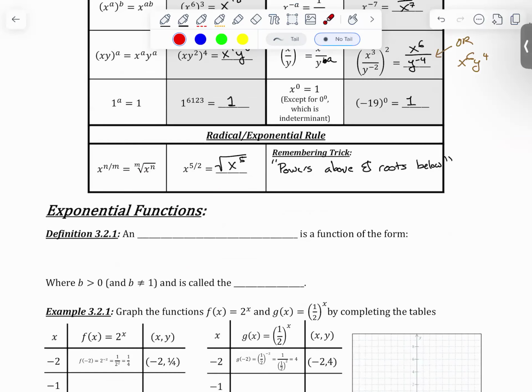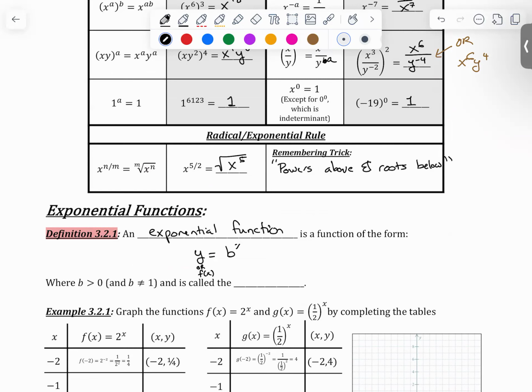So anyways, now that we've gone over a little bit of exponent rules, we'll start talking about exponential functions. So, definition: an exponential function is of course a function, but it's a function of the form y, or f of x, depending on your situation, is equal to b raised to the x.